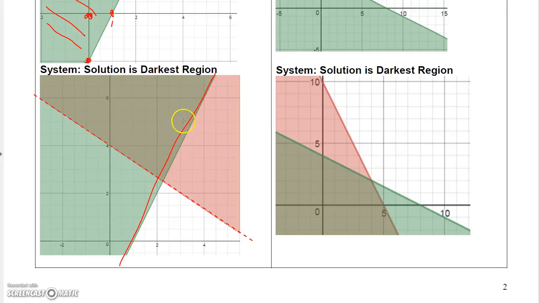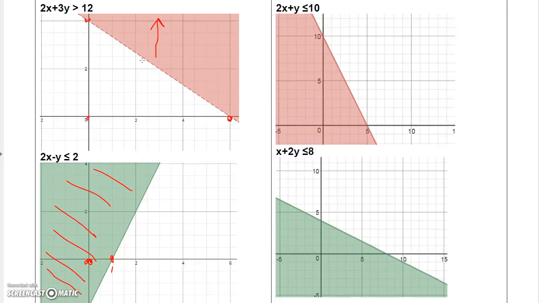For this line we shaded this side of that line, and for this line we shaded this side of that line, and so the overlap would be this dark green area. This boundary is going to be a broken boundary, whereas this boundary is going to be a solid boundary. So that's the region. All the points in this dark green area would be the solution.